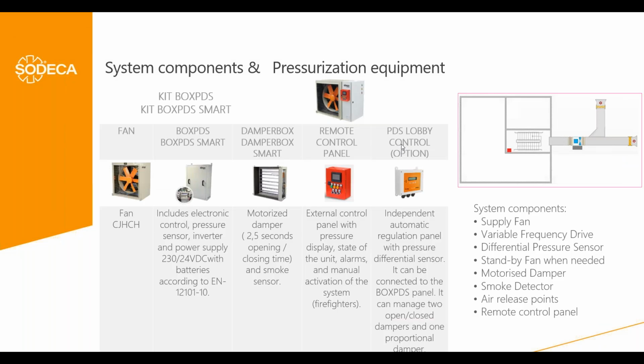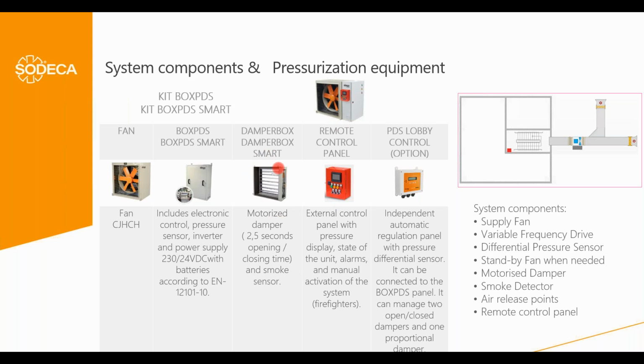About the systems, the system that we use is the Kitbox PDS and the Kitbox PDS Smart. It's a system that is tested according to 12101-6:2022. This system includes a fan in a box, together with the control panel, which is provided with batteries to maintain not the operation of the fan, but the operation of the electronics of the control.